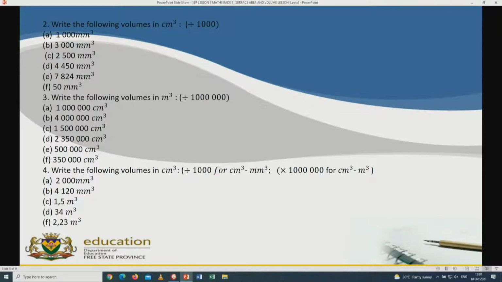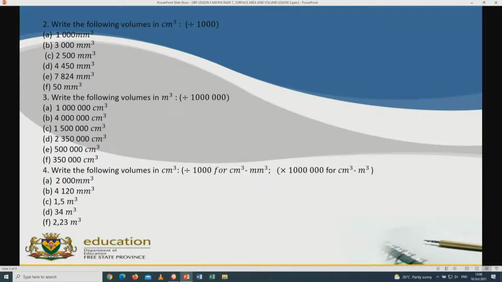Therefore, do you remember when we started? All right, the hint is there. We said 1 cubic meter is exactly 1 million cubic centimeters. And therefore now, let me rewrite the question.